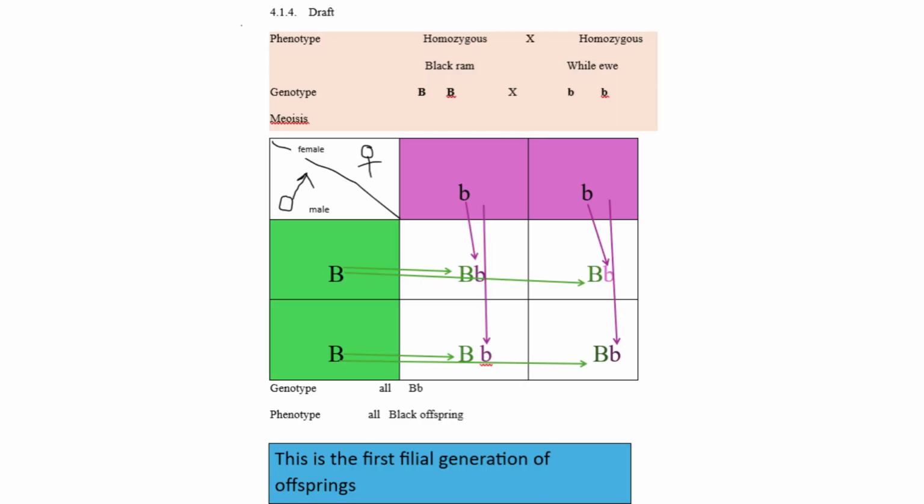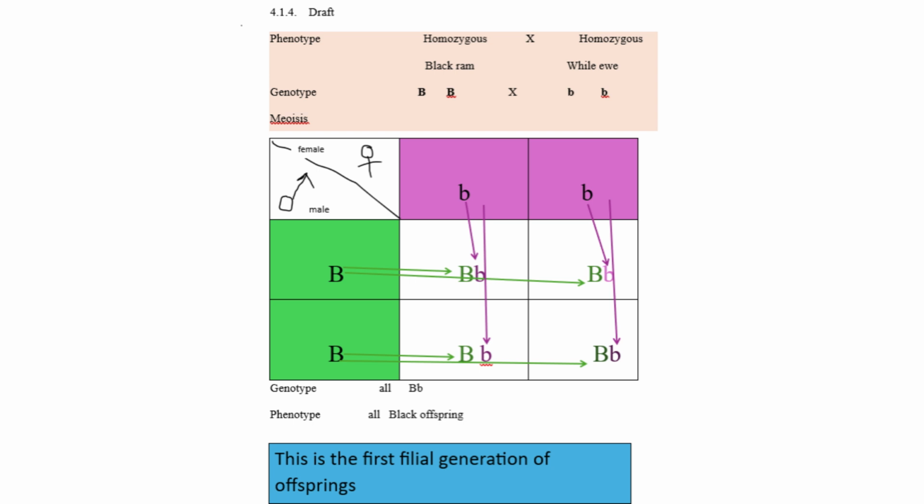Dominant BB crossed with recessive bb, then my meiosis takes place and I have my gametes, which I have separated. Then these gametes cross with each other during fertilization. The genotype for the first filial generation is the heterozygous condition, capital letter B and small letter b, for all the offspring.